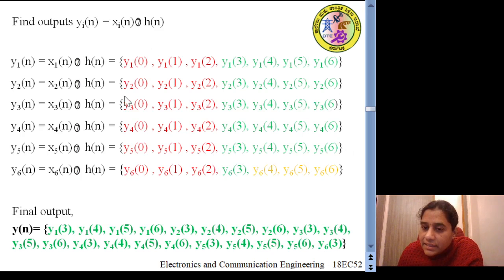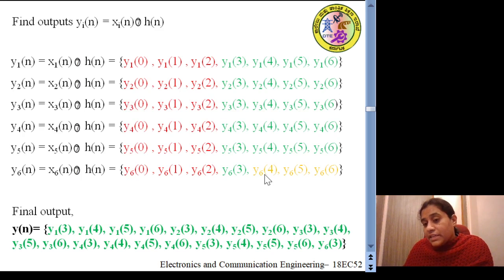And except for the first block, the remaining blocks have first m minus 1 samples which are the results of the repeated samples of the previous block. So we are not considering these values.